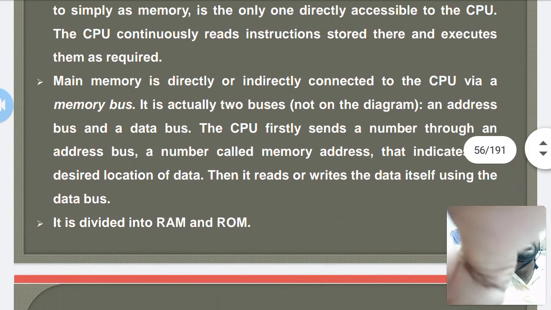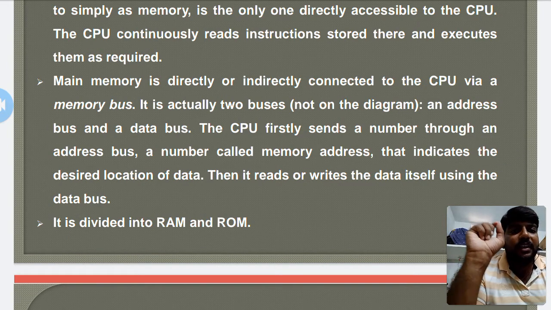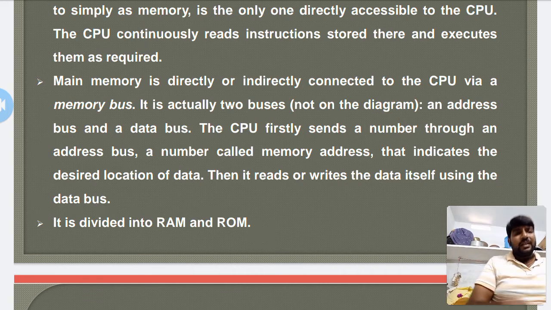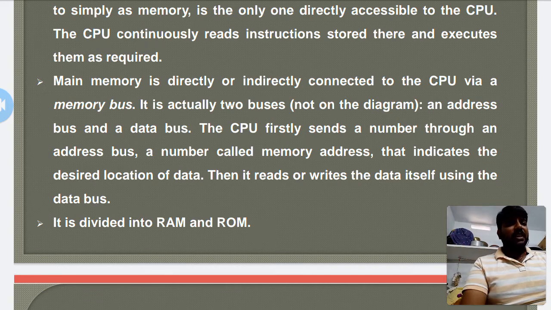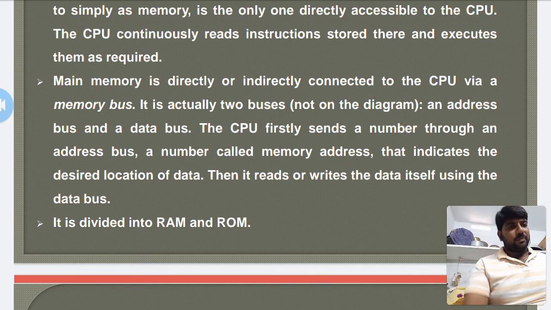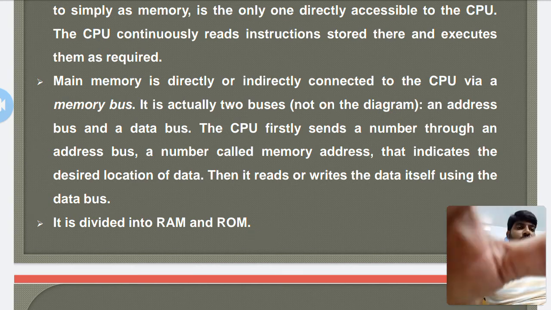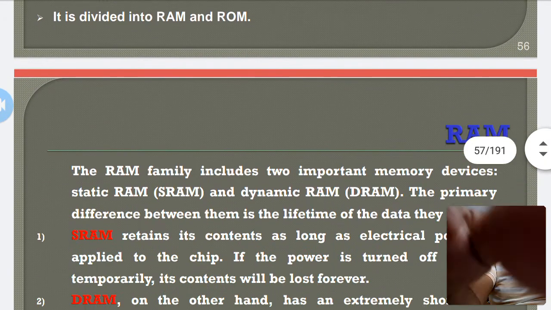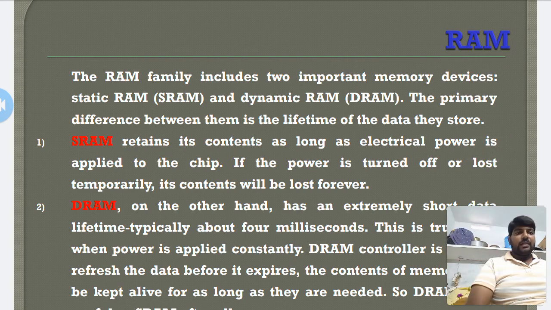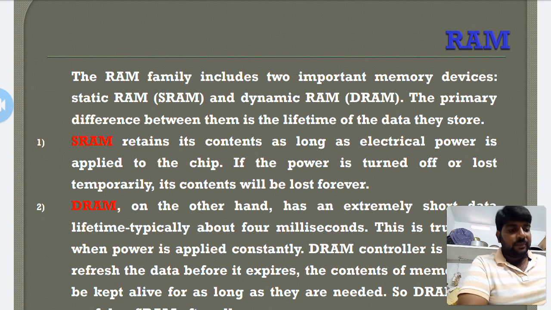Based on the type of architecture, a number of buses are used. The primary memory is divided into RAM and ROM. The primary memory takes the data from the secondary storage memory, processes the data, and then sends it back to the secondary storage. Initially, the first type of primary memory is RAM.